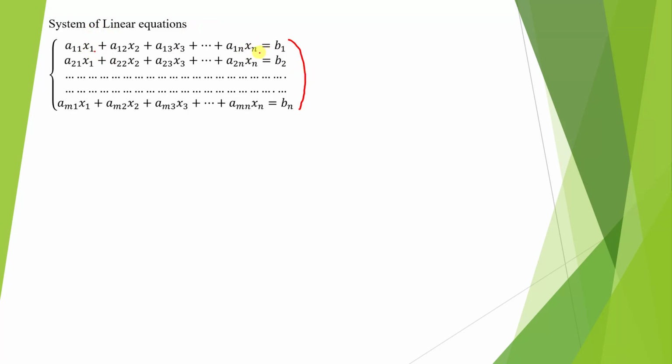It means that it has n variables, x1, x2, x3 up to xn. So this system has m equations and n variables. Please remember this point. It is an m cross n system.